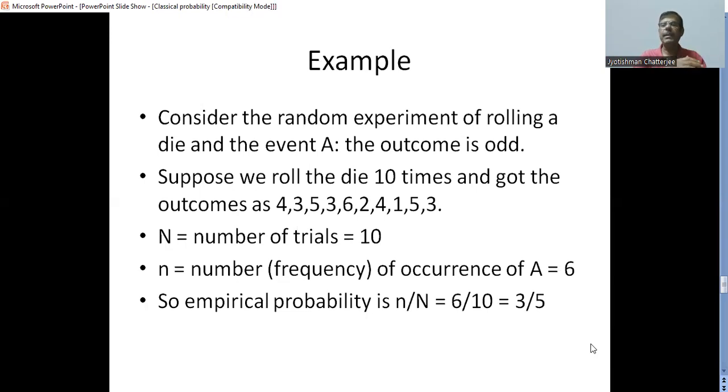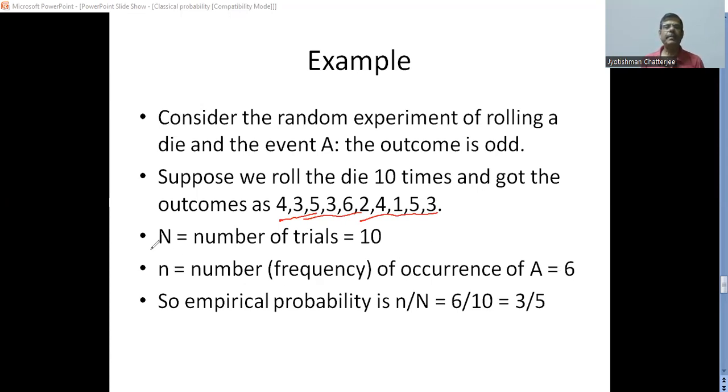And after having rolled the die 10 times, suppose our outcomes are, let me take the pen here, 4, 3, 5, 3, 6, 2, 4, 1, 5, and 3. These are the 10 outcomes that we observed while rolling the die 10 times. Of course, if you roll the die 10 times again, outcomes will be something else. That's quite understandable.